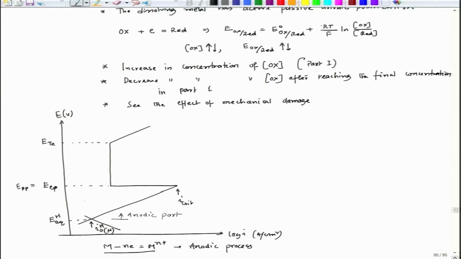Now, let us start with concentration C1.